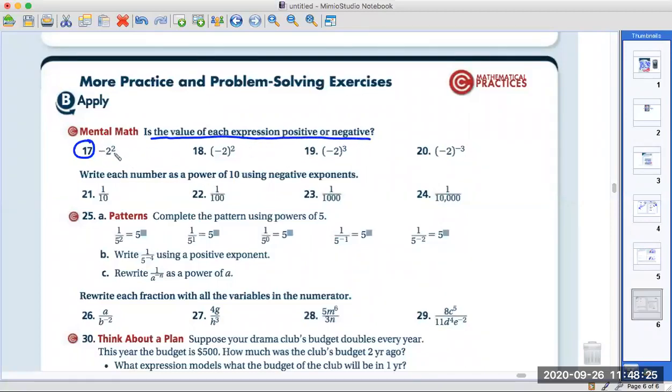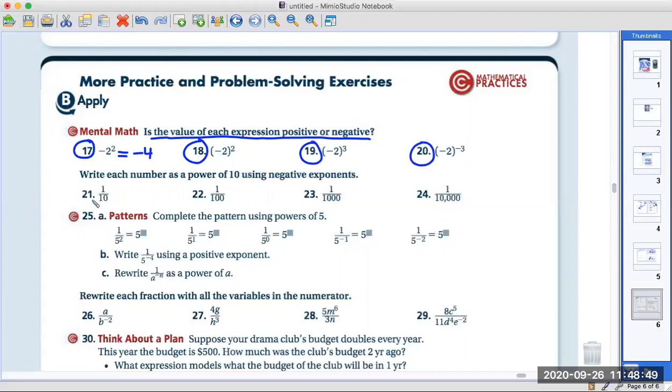They're asking if it's positive or negative. Remember, I talked about parentheses, grouping symbols, make a change in the answer. I can tell you this already, this is negative. But this is not, because you're going to multiply -2 by itself twice, so it becomes positive. So all of these you're going to do.